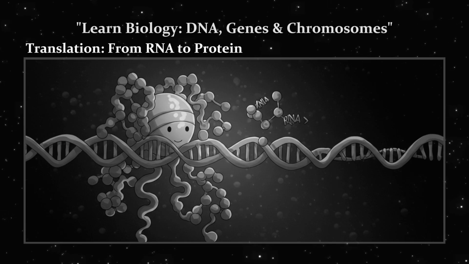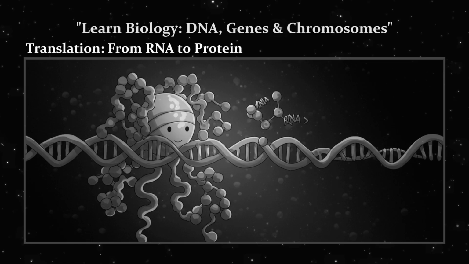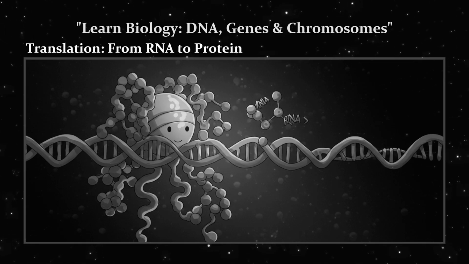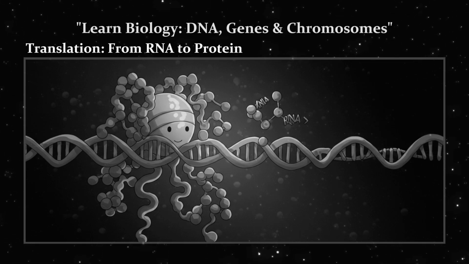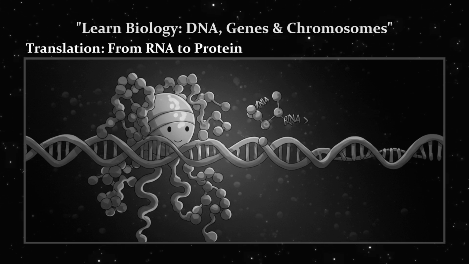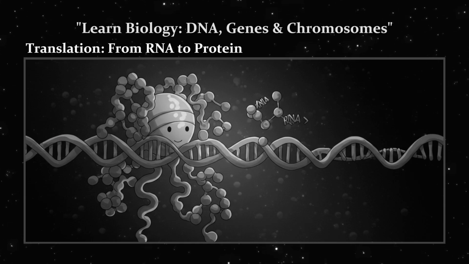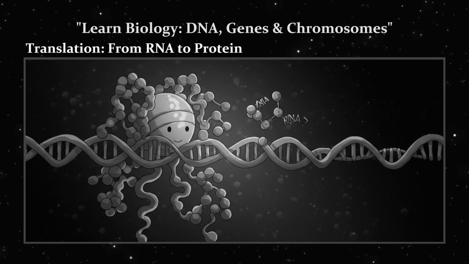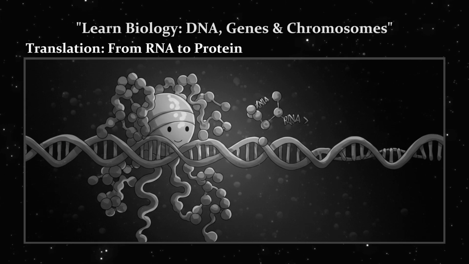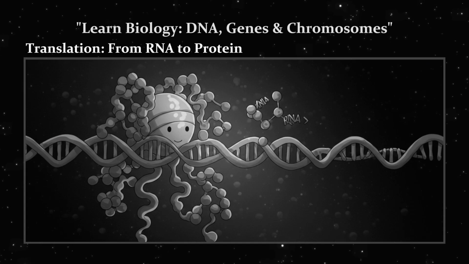It scans along the message until it finds that specific start codon, AUG. This codon is the universal signal for begin translation here. Once it finds the AUG, the large ribosomal subunit clamps down on top, sandwiching the mRNA and the initiator tRNA. The entire, complete factory is now assembled and ready to work.